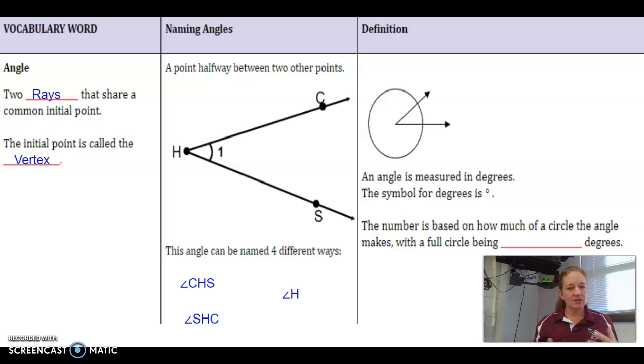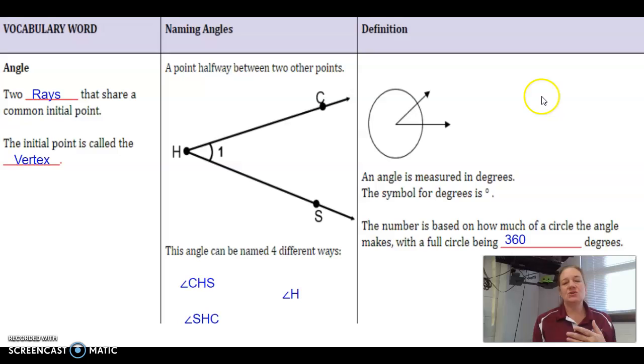It gets a little confusing later on, so the preferred method is the three-letter method. The last way that you can do it is, if there's a number there, like here, you could say angle 1. I don't like to use that method. It gets a little confusing, especially when you're talking about, is it 1 degree? No, it's not 1 degree, it's angle 1, and it gets confusing when you put numbers in where letters should be. Anyway, moving on to this.